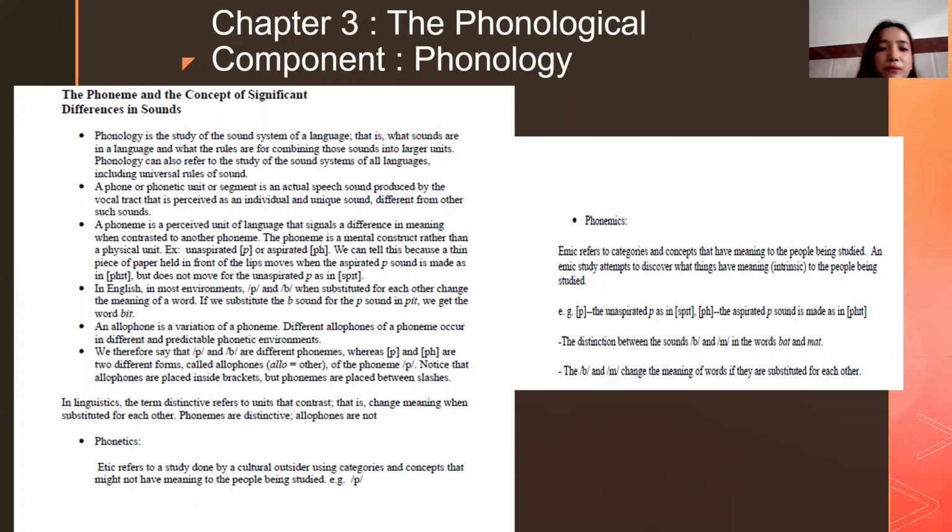So the phoneme is mentally constructed rather than a physical unit. So we can understand the phoneme and its components as well. In linguistics, the term distinctive refers to units that contrast, that is, change meaning when substituted for each other. So phonemes are distinctive, allophones are not.